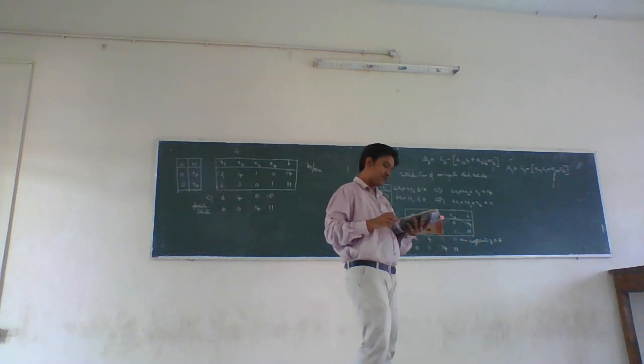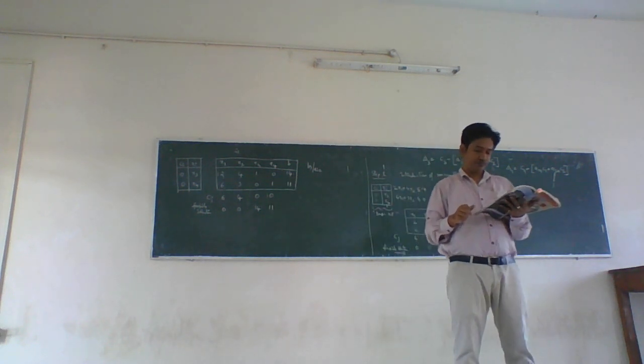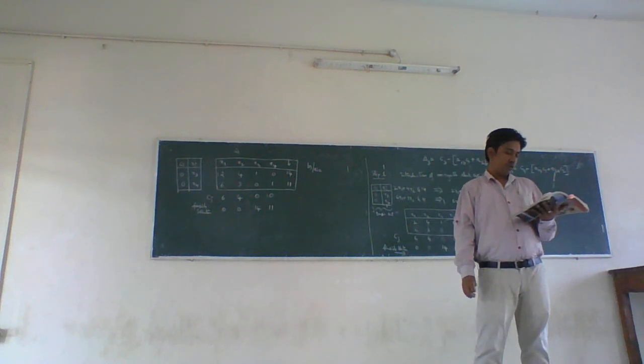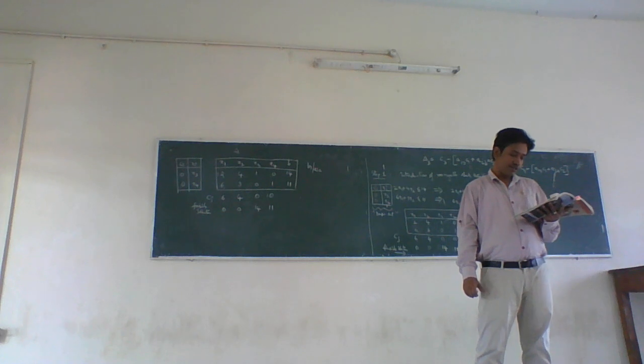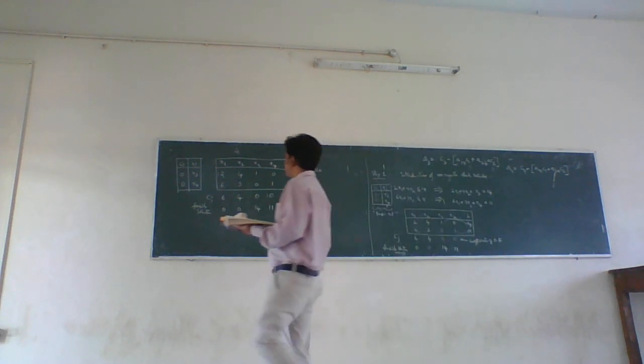The variable with the smallest bi by aie will leave.